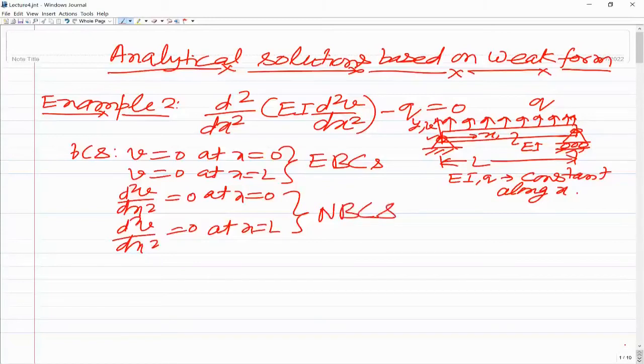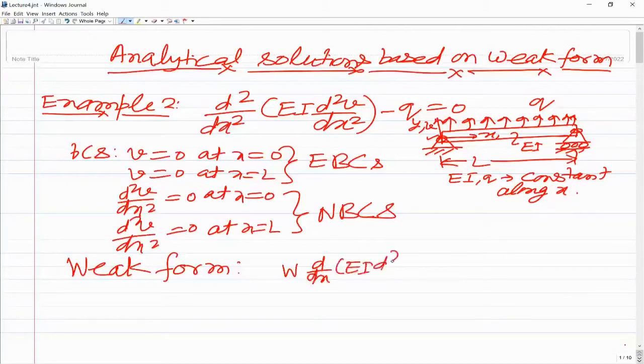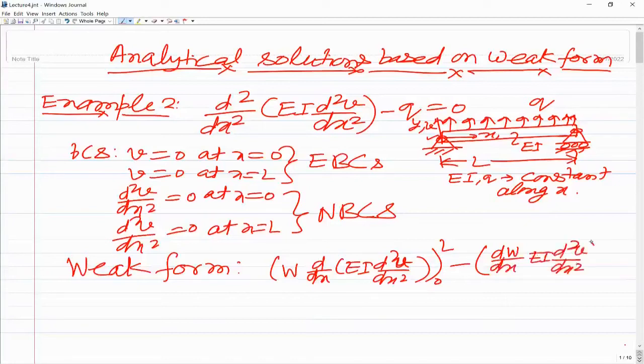Now for this differential equation, we have already derived the weak form, so I'm directly writing it here. We have seen that the weak form for this problem was w into d by dx of EI into d2v by dx square, the whole thing evaluated at 0 and L, then minus dw by dx EI d2v by dx square, evaluated at 0 and L. These are the boundary terms.